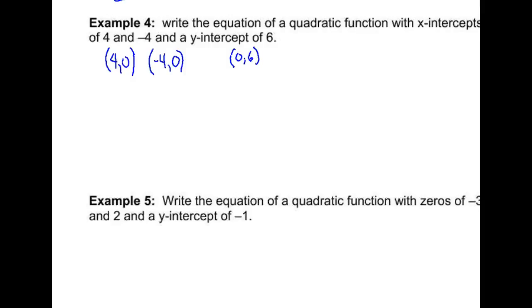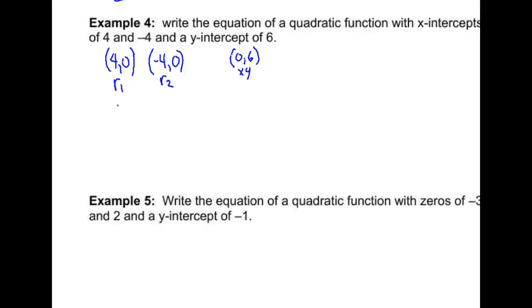All right, now that we have this information, we're going to try to plug it into our equation and solve for a. Remember that this is x, this is y. Remember that this guy is root number 1, and this guy we're going to call root number 2. We're going to try to figure out what a is now.